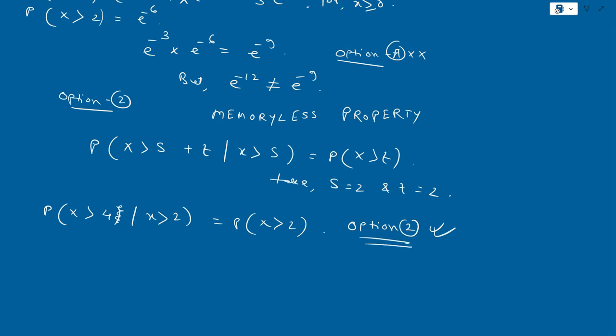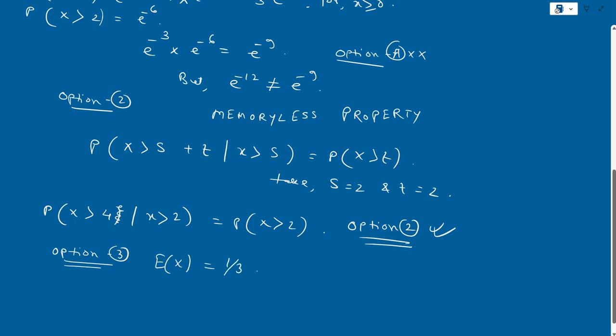Why is exponential special? Only the exponential distribution among continuous distributions has the memoryless property. This is a super important interview fact, and companies love asking it. Now come to option 3. We need the expectation of X, that is 1 by 3.